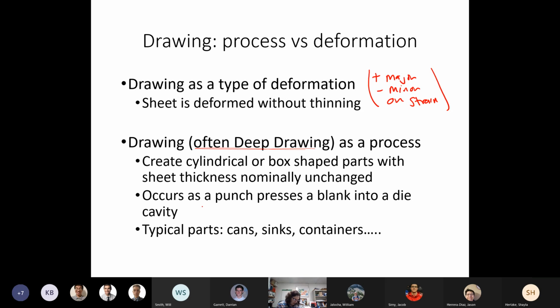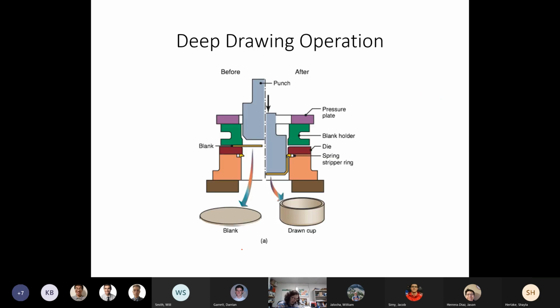It usually occurs as a punch presses a blank into a die cavity. The analysis of it and some of the material considerations can become quite complex. We often form cans, sinks, and containers, and again, we're usually looking at a sheared blank.